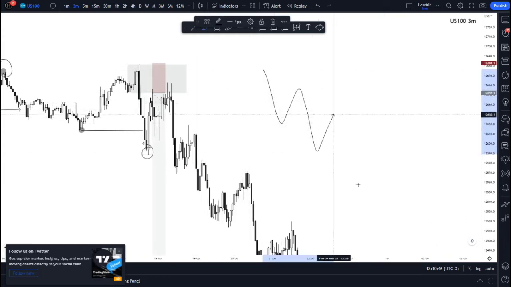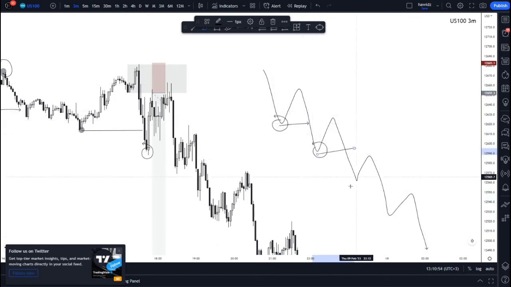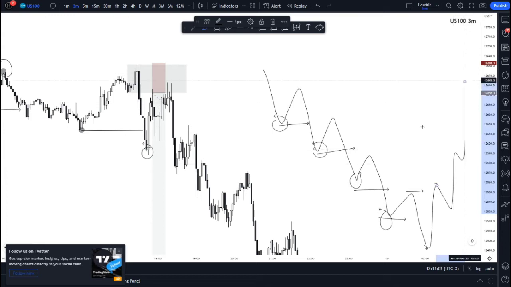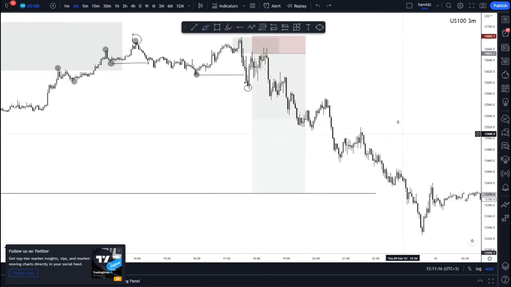These lows here are pretty much all weak, and they always get taken over time, until either a strong low is formed and price reverses back to bullish. Until this happens, we need to make the most money that we can out of the strong highs that come and take out the lows.